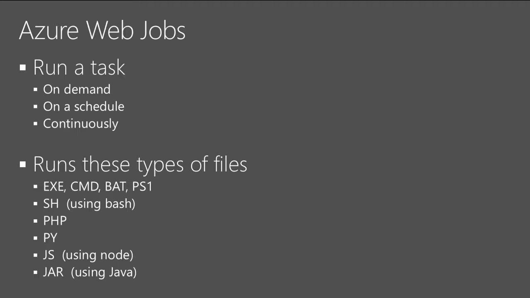You can run it on demand, on a schedule, or continuously with some sort of a trigger that'll fire those functions for you. And we have all different types of executable files that you can use as the basis for your web job, okay? Of course, we'd love for you to use an exe, a command file, or a bat file, but we do love our friends who use PHP, Python, JavaScript, and even Java jars, okay?